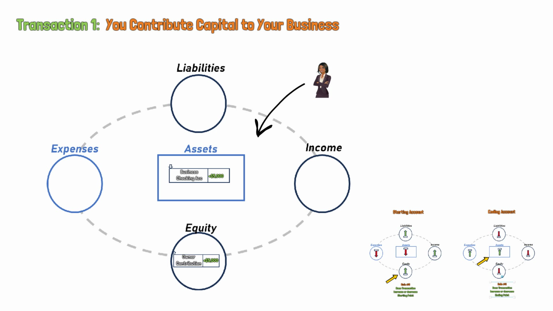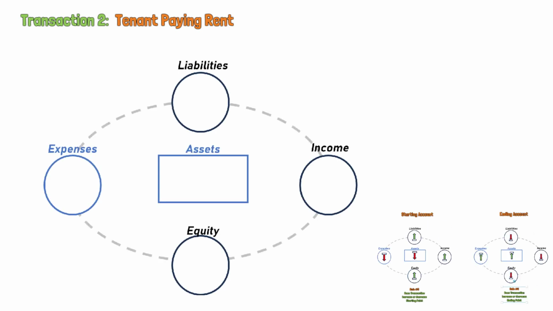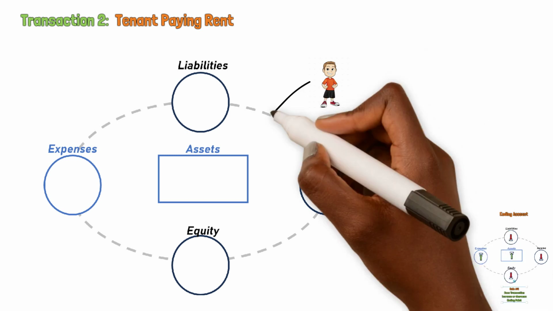Going forward, and in order to keep this video from becoming too long, we are not going to call out the rules at each level. Hopefully, the example above illustrates how we apply them, and we are just going to focus on the other use cases. The next example we are going to consider is a tenant paying rent. Once again, this is money flowing from outside into the business.